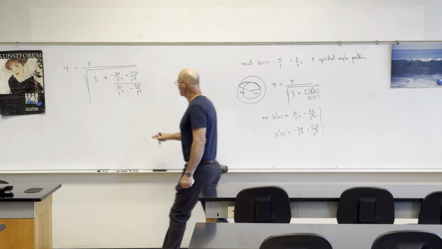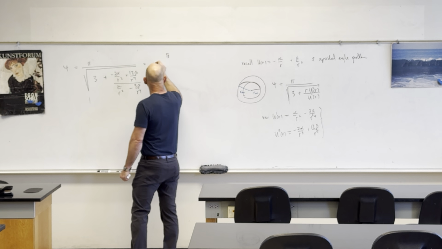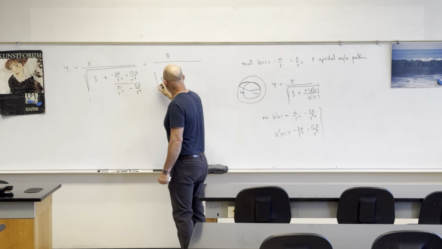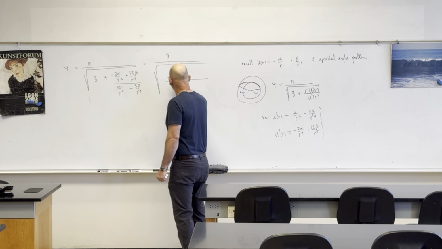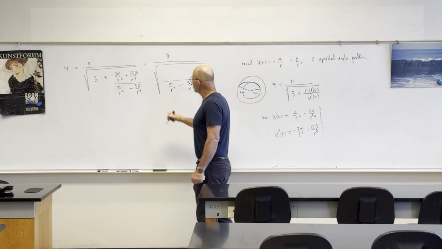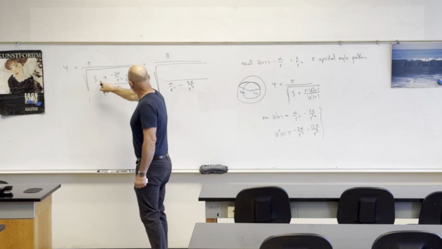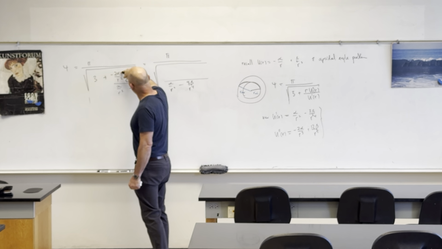So now we have to do a little bit of arithmetic. What we do is we get a common denominator of alpha over R squared minus 3 beta over R to the fourth. So multiplying that over, we're going to have 3 alpha over R squared, minus 2 alpha over R squared.